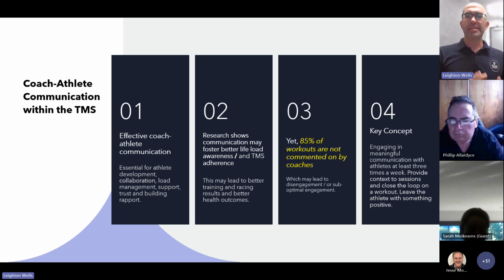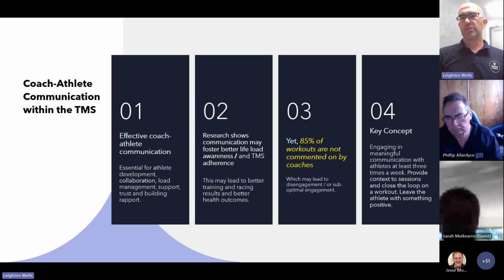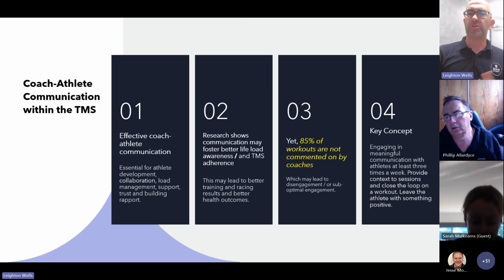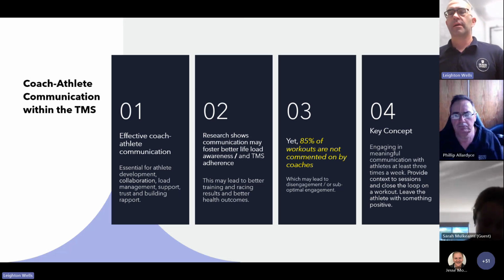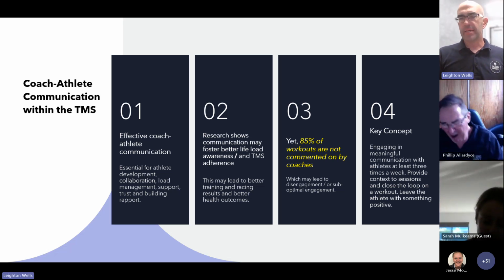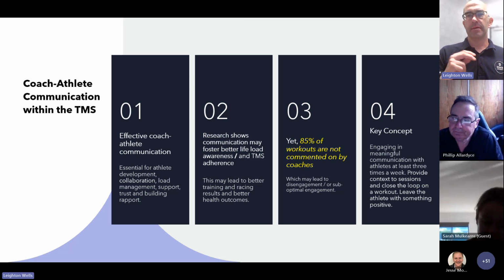If the coach is commenting on the data and contextualising that training, either within just that session or perhaps in the broader picture of a training program, the athlete is more engaged. The coach is looking at my training, and that's encouraging. And I know I'm more inclined not only to upload training, to provide a rating of perceived exertion, to provide a comment, and that really encourages that communication cycle.